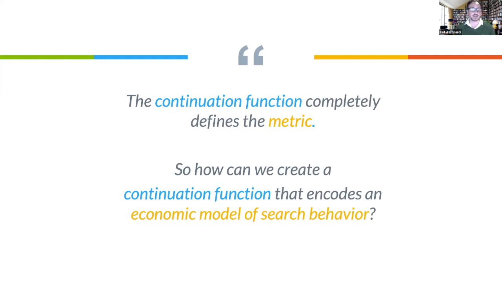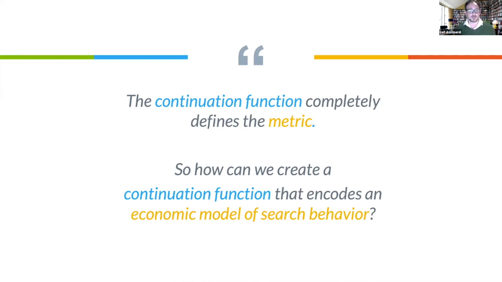Clearly we're not all like Ian, who has a precision at 5 user model: always look at 5 items, regardless of whether they're relevant or not, and then stop. Nor do we sit around tossing a coin like Alistair to decide whether to look at the next item.